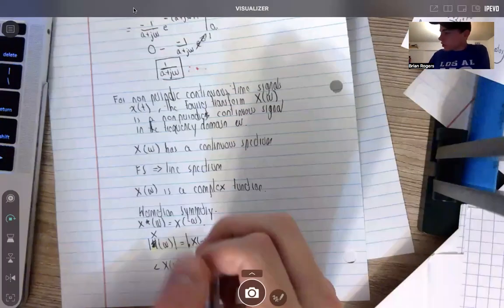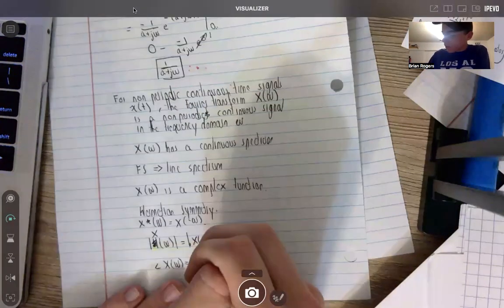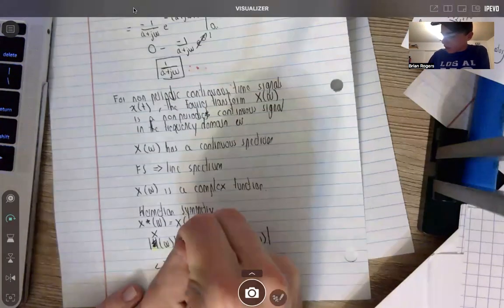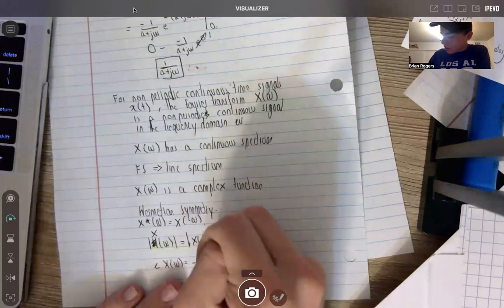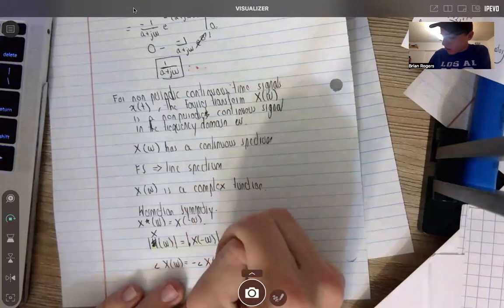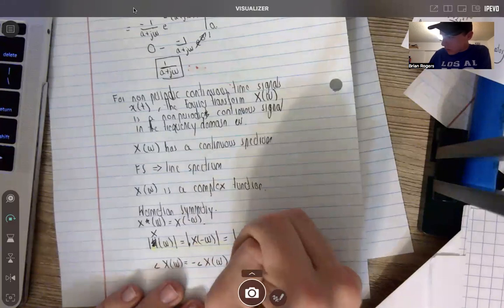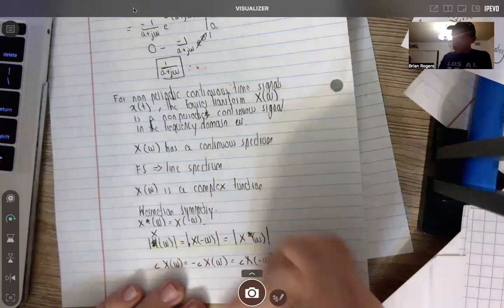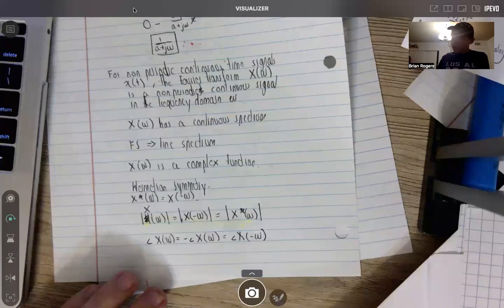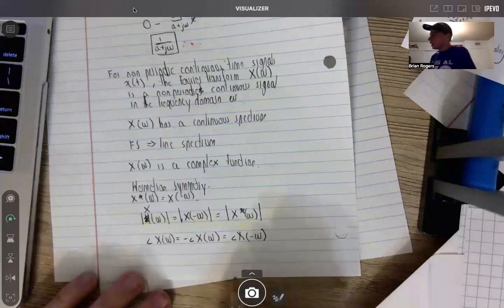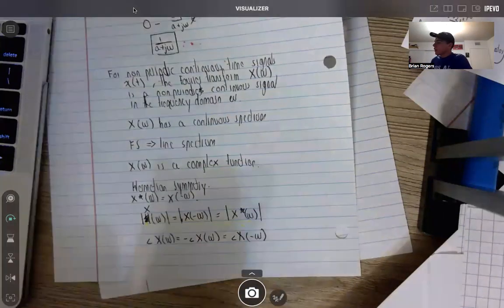So I think he's actually wrong, I think it should be this way. That's what it should be, because that's what Hermitian symmetry always is. I think he made an error.